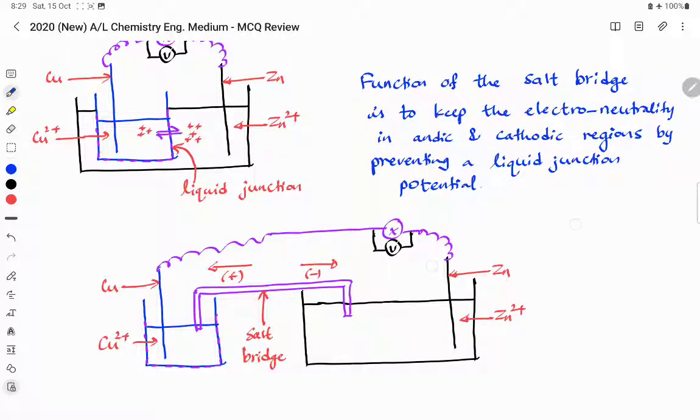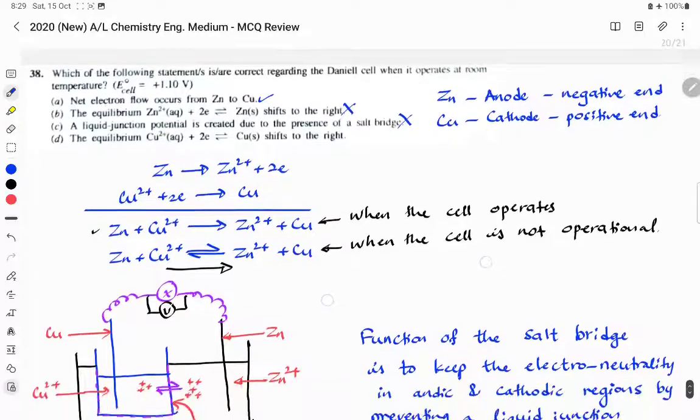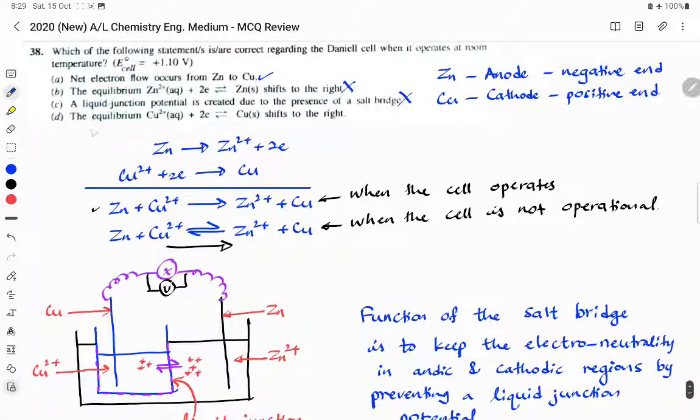Alright, so you can understand what's the difference between a salt bridge and a liquid junction. Therefore, the C statement is incorrect, because a liquid junction potential is not created in the presence of a salt bridge.